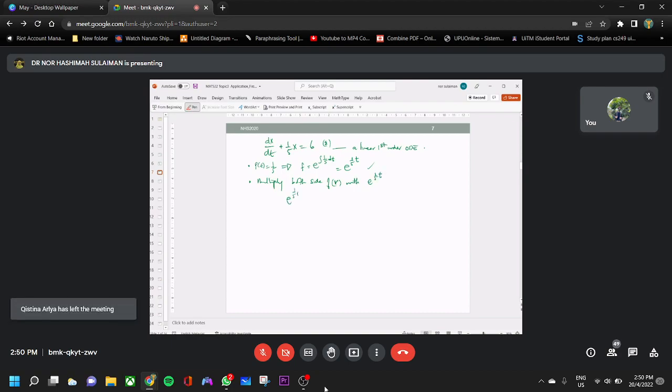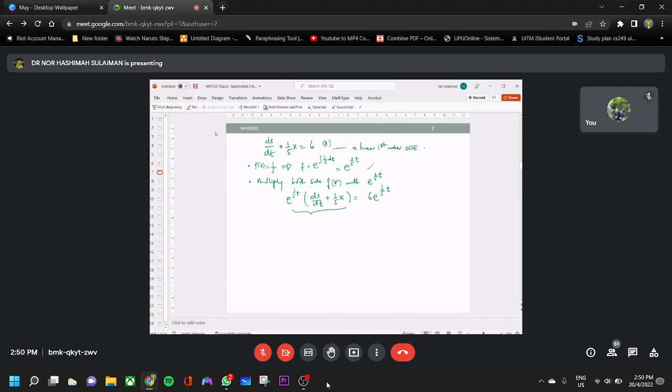So you have e to the power 1/5 t multiplied by dx/dt plus 1/5 x, equals 6 e to the power of 1/5 t. Remember, I don't have to re-explain this.